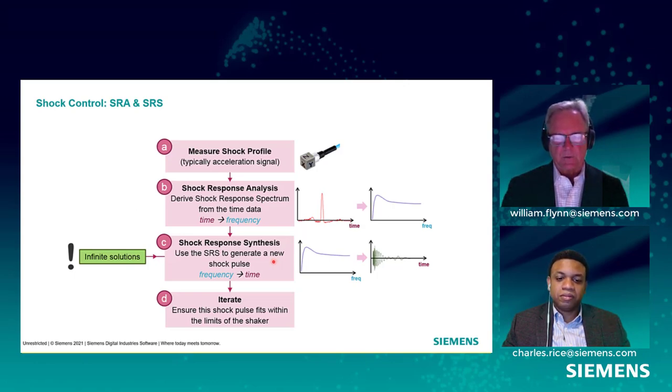There are different ways of generating that time pulse from the shock response spectrum. And so the next step is to iterate on this initial time pulse, to adjust those spectral components so that they're more in line with the reference SRS spectrum.